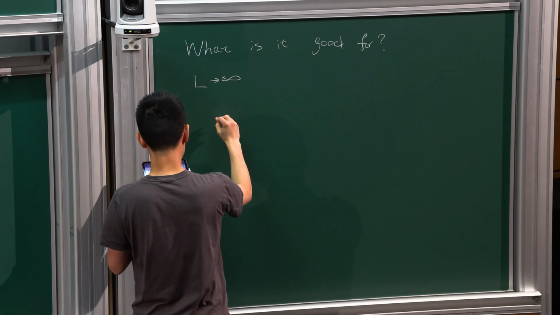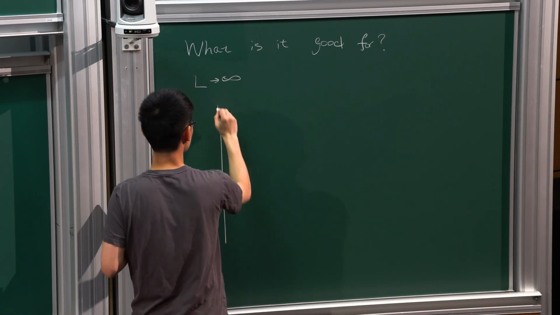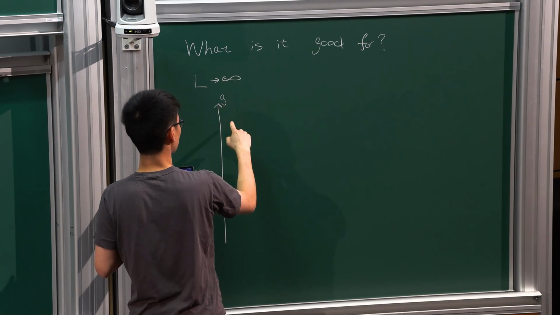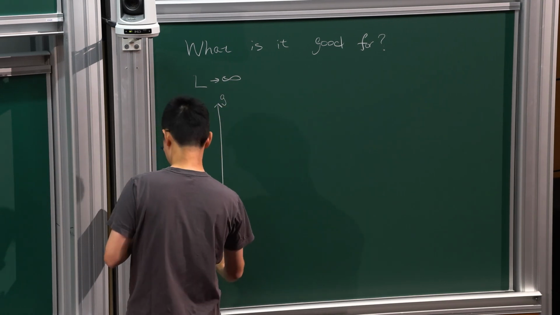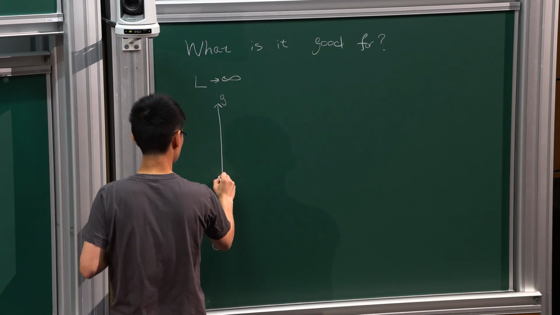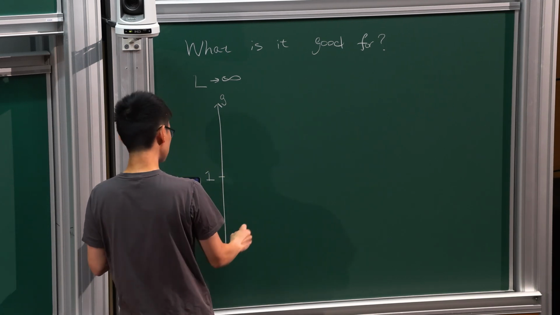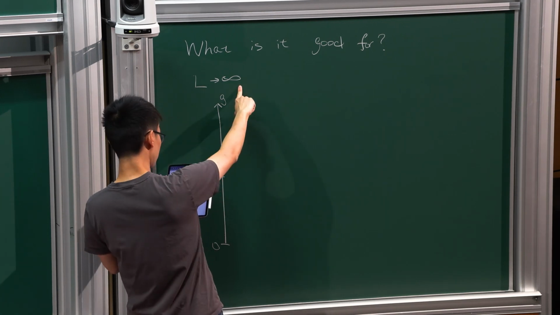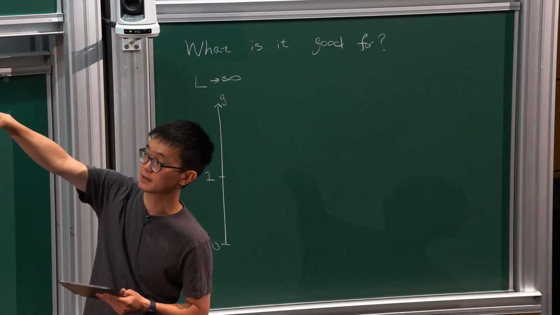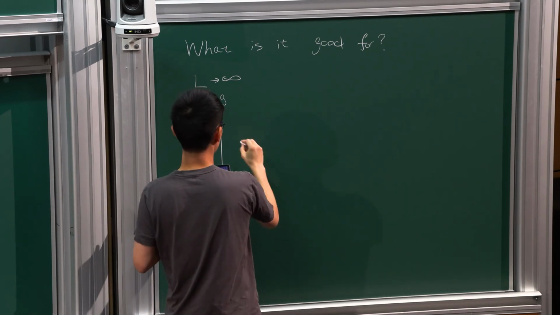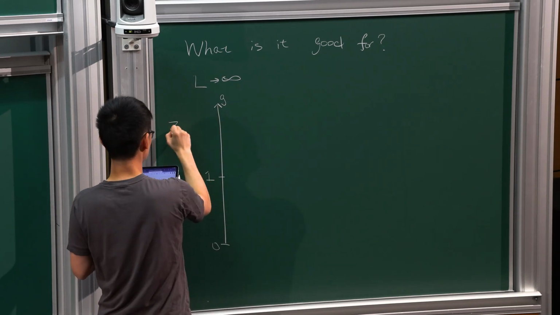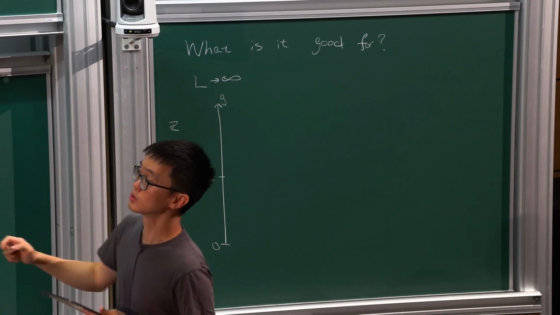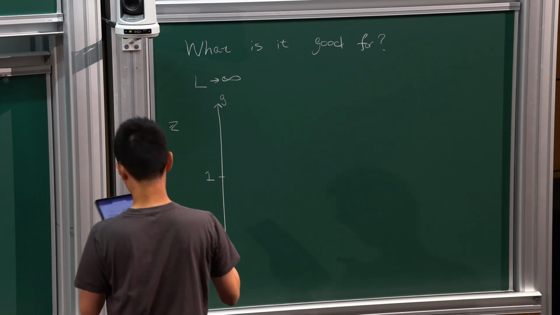So let's recall the phase diagram for the transverse field Ising model. This is the coupling constant G. Here G is 0, here G is 1. And as we discussed last time, when G is very large, the Xj term will dominate. And here the Z2, wait, did I get it backwards? Hold on. When G is very large, okay, I got it backwards here.